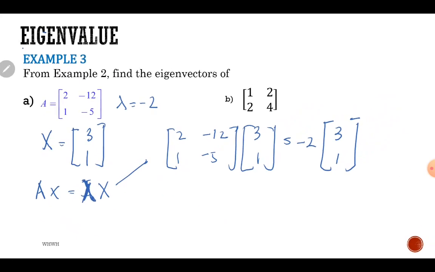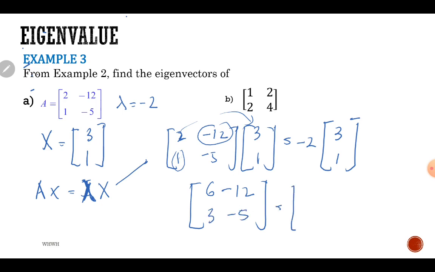So let us prove we will get the correct answer or not. 2 darab dengan 3 is 6 tolak 12. Okay, and then the second row is 1 darab 3 tolak 5. So you will get here is -6 tolak 2.